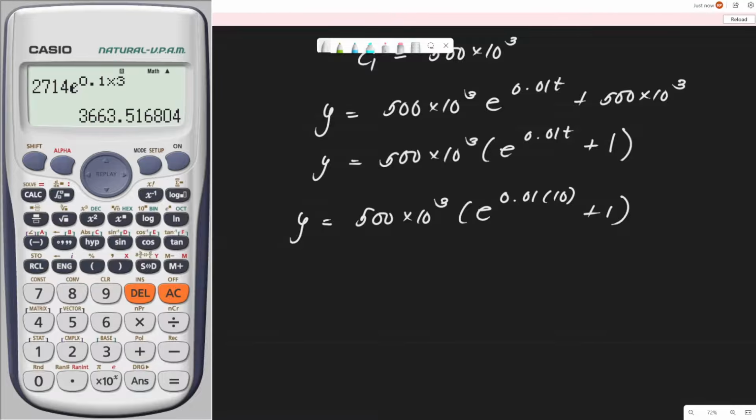Okay, so we have 500K times e raised to 0.01 times 10. Ay, sorry. No, plus 1. Okay, so this is our answer, no? So we have 1,052,585 for C sub 1.